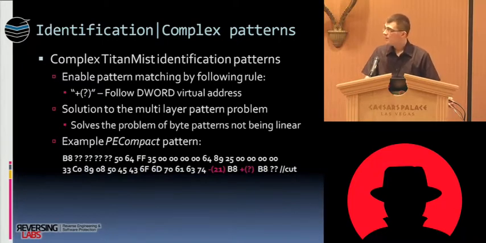This is the way we can have complex patterns which enable us to have better quality pattern matching and be sure that the pattern we have matched is really that signature, because as I said, if we only match the first part, this would be way too short and way too easily spoofed. So this also solves the problem of patterns not being linear, because now you can just follow DWORDs anywhere you want, and you can just continue anywhere you want.